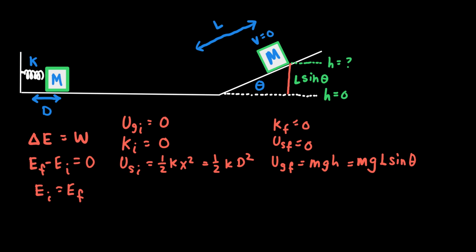And that's critical because I'm trying to derive an expression for the length that it travels along that incline, and so I need to include L in one of my expressions for the energy. And so when I plug these into my law of conservation of energy equation, the initial energy is just 1/2 kd squared, and the final energy is mg L sine theta.